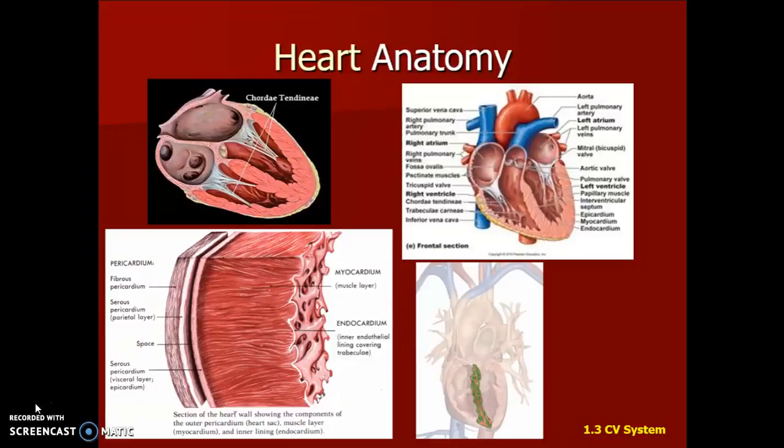Now, looking at the heart anatomy, this is basically the different structural factors which help the heart do the required job. To begin with, we look at the heart wall, which is made out of three different layers. The first one is the endocardium.